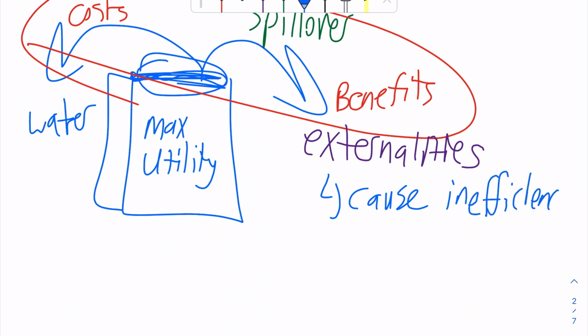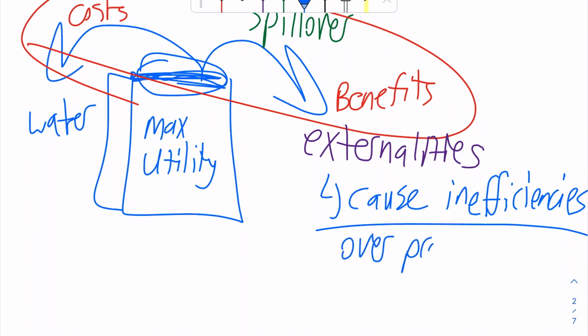And what we mean by the inefficiencies is that you are either overproducing or underproducing. And I'll show you what that means in a second.